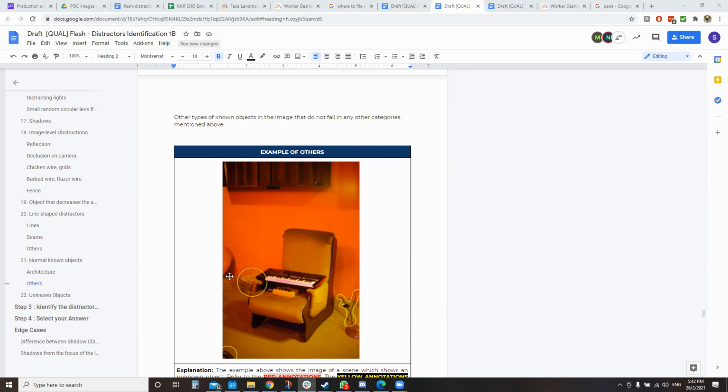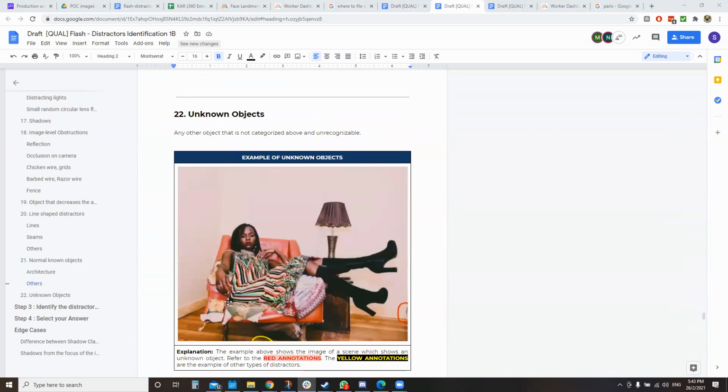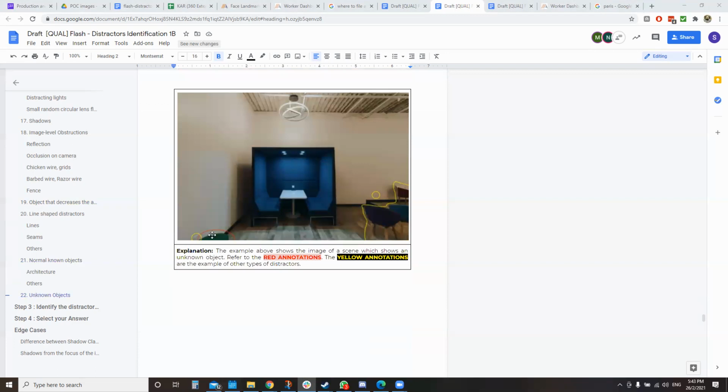It's something that you know, but again, it's other normal known objects. That's basically it. And then the last category is unknown objects. If there's something that you can see a bit but you don't know what it is, you label it as unknown objects.